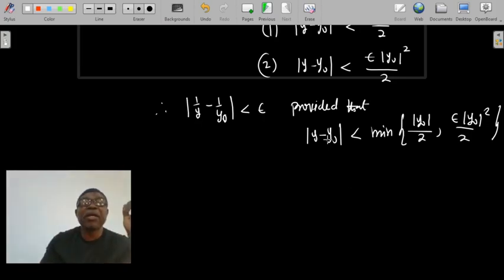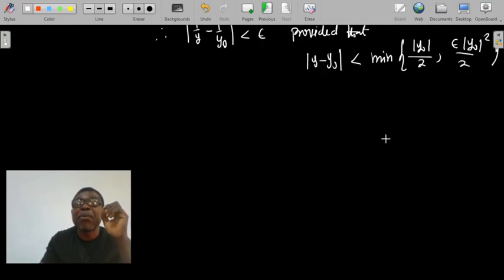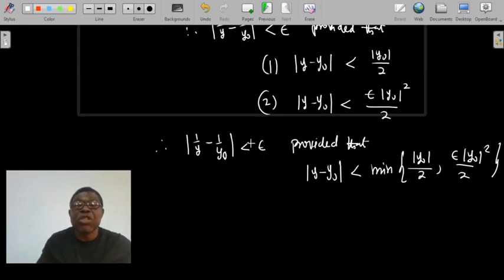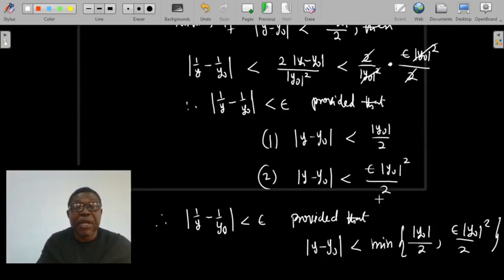We may be required to prove that a function f defined by f of y equals 1 over y is a continuous function. If one has gone through this rigor at this stage, that person will no longer find it very difficult to follow the computation that will come up, which will more or less be almost what I have done now.